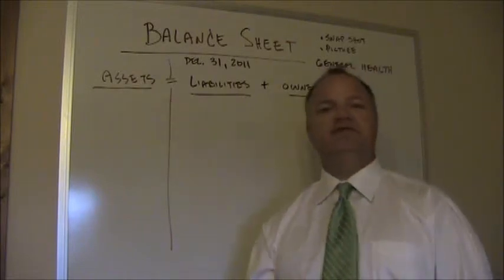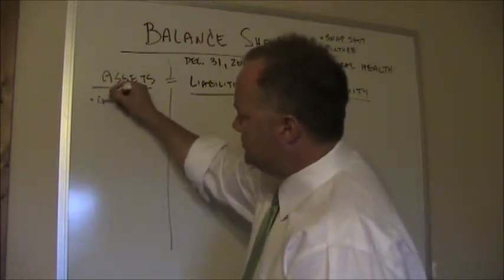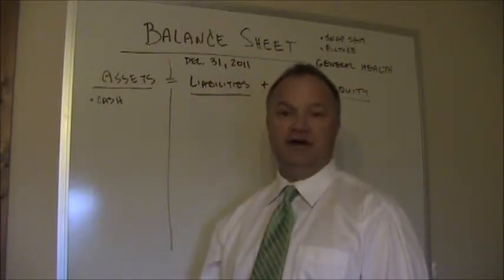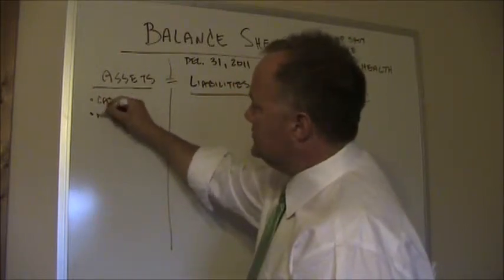So what goes into our assets? Assets are our cash. That would be our checking account and our savings account. Also our accounts receivable.